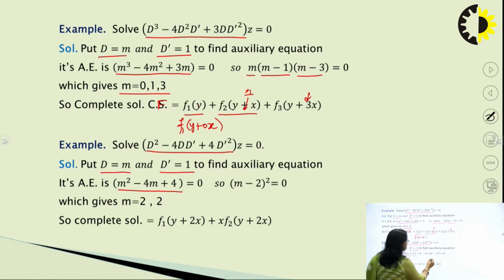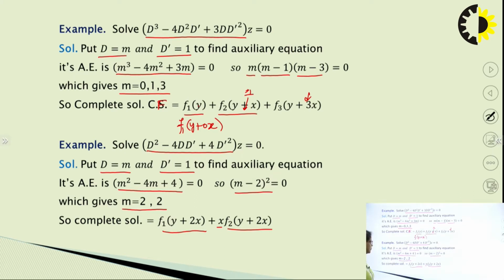So that gives us m minus 2 whole square equal to 0, and I get m equal to 2, 2, that means we get equal roots 2, 2. So 2 is an equal root 2 times. So CF will be given by function of y plus 2x plus x times function of y plus 2x, since the roots are equal. So this is from case 2.